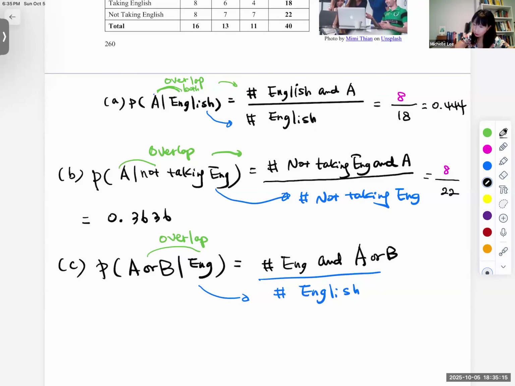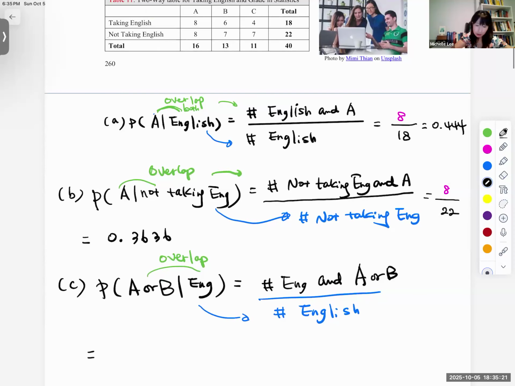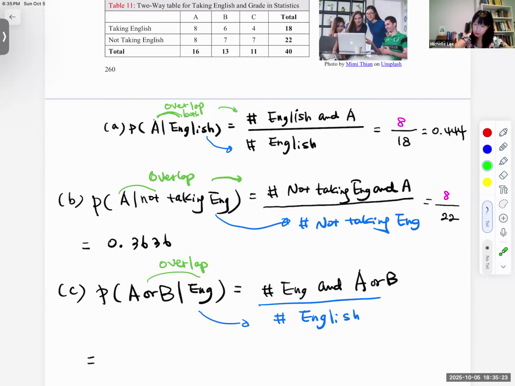All right, so let's do denominator first. Number of English, we did that earlier, right? So taking English course, we have 18. Okay.